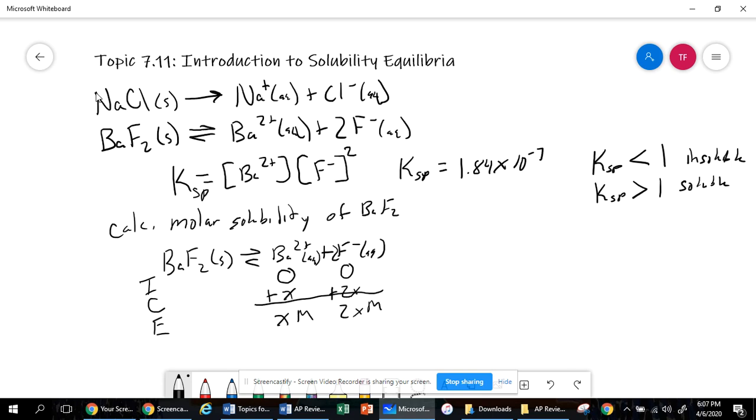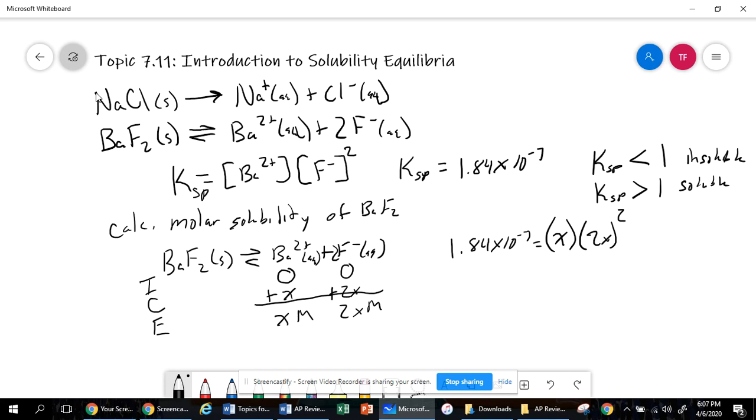At this point, we are going to use our Ksp equation to solve for the concentration of barium in the solution. The Ksp is 1.84 times 10 to the negative 7. That equals the concentration of barium, which is X, times the concentration of fluoride, which is 2X, and fluoride is raised to the second power.